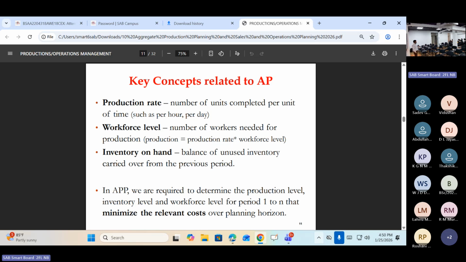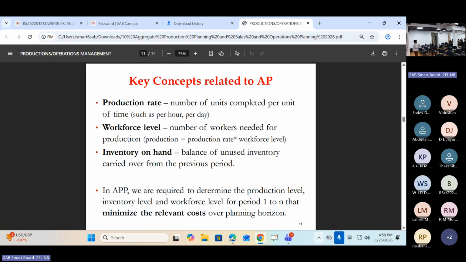How many workers in the workforce? Inventory on hand means the amount of items to be kept. So in APP, we try to determine these three from period 1 to 10, or 1 to 12, that minimizes the relevant costs over the planning horizon. That minimizes the cost.